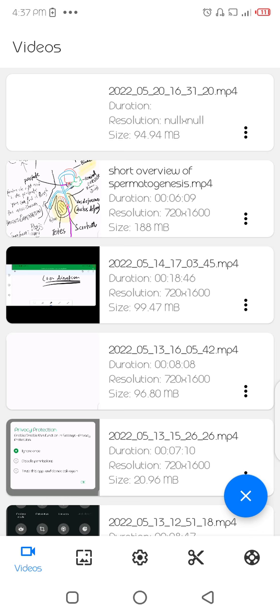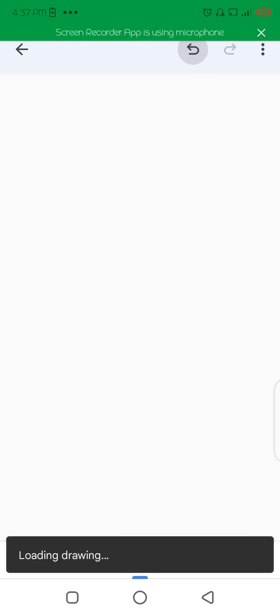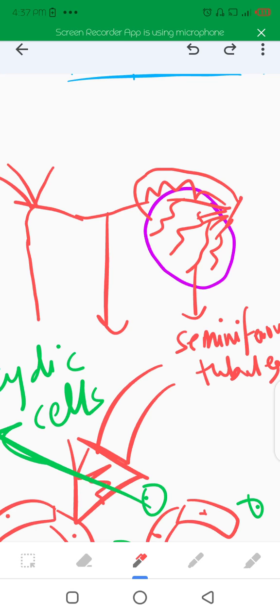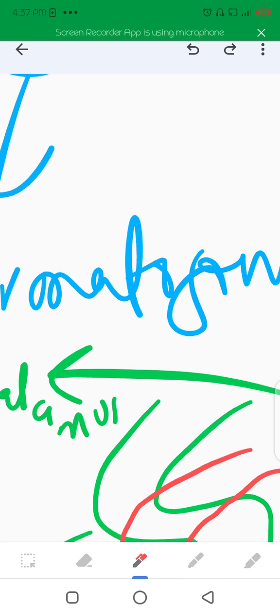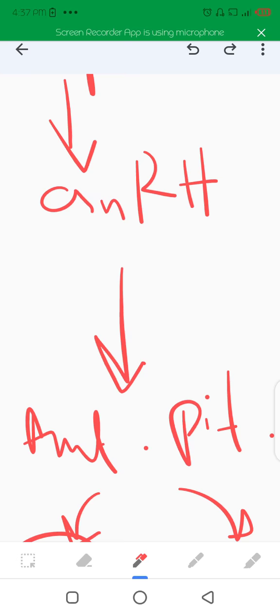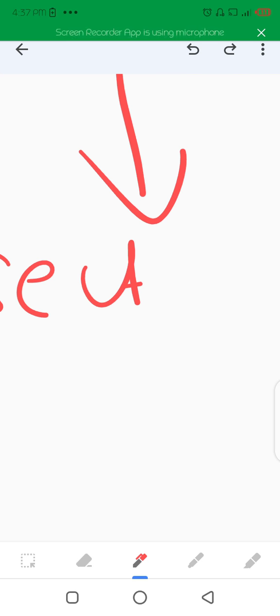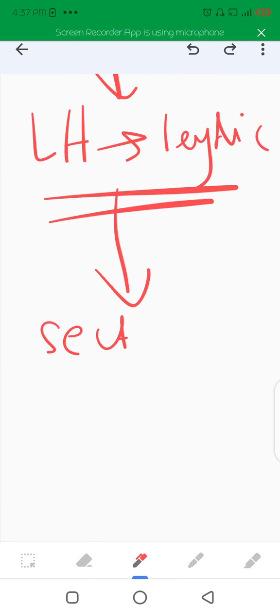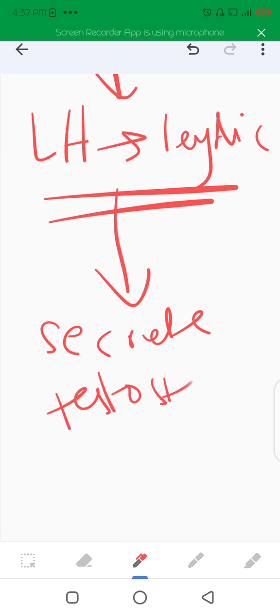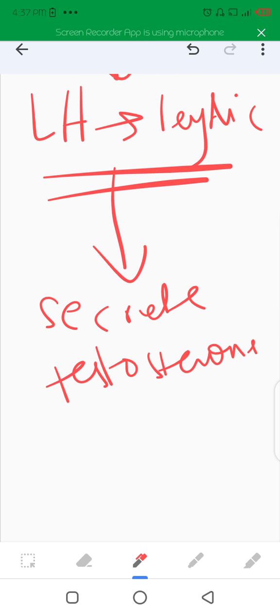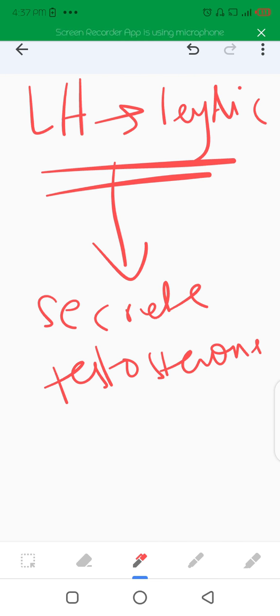Let me write it a bit better. Sorry. So they secrete testosterone. Okay, and what is the function of testosterone?